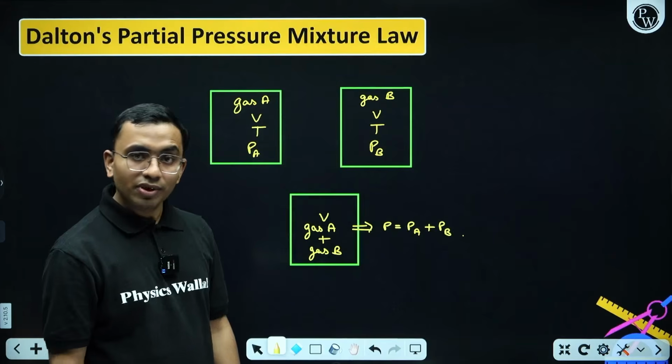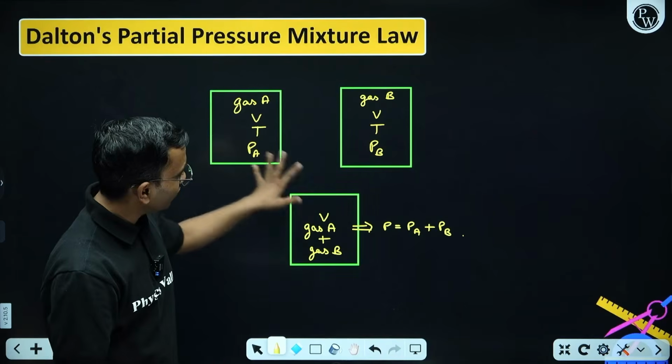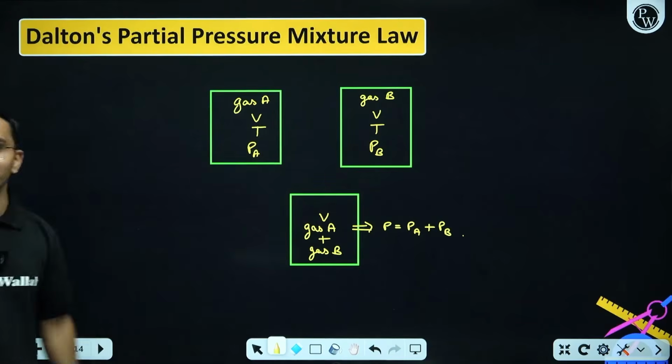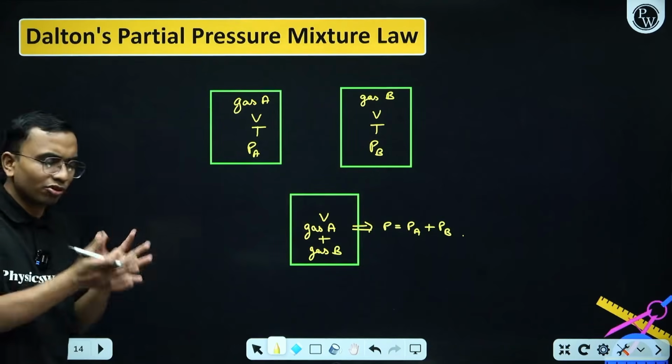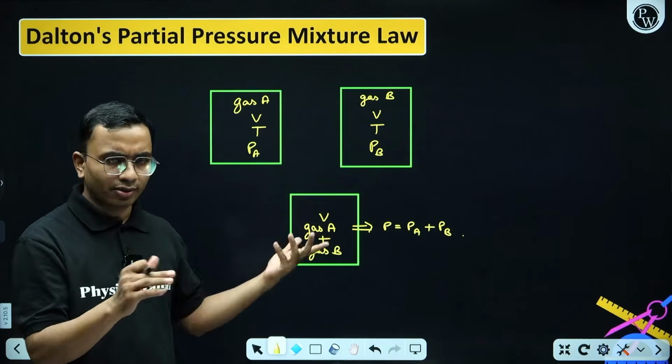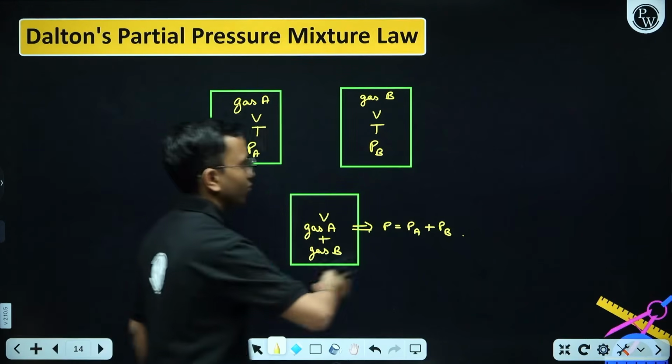So the pressure of A plus the pressure of B will give us the total pressure here. You can show it like the total number of moles will be equal. If you use the ideal gas equation, it comes like this, so I can just quickly show you roughly.